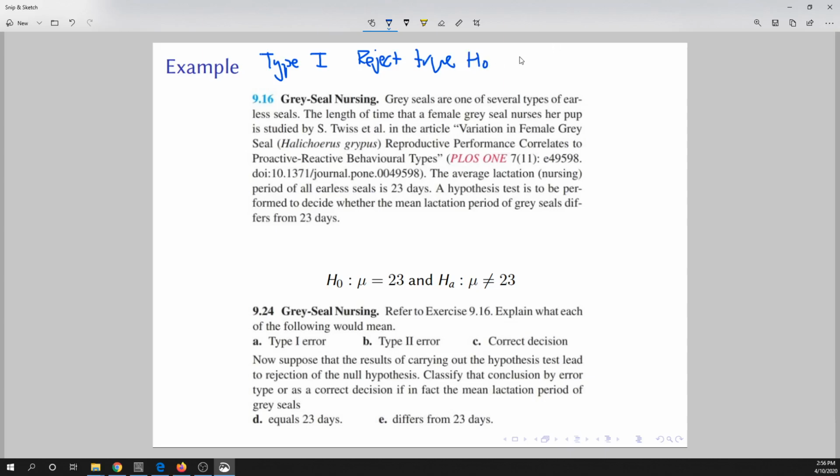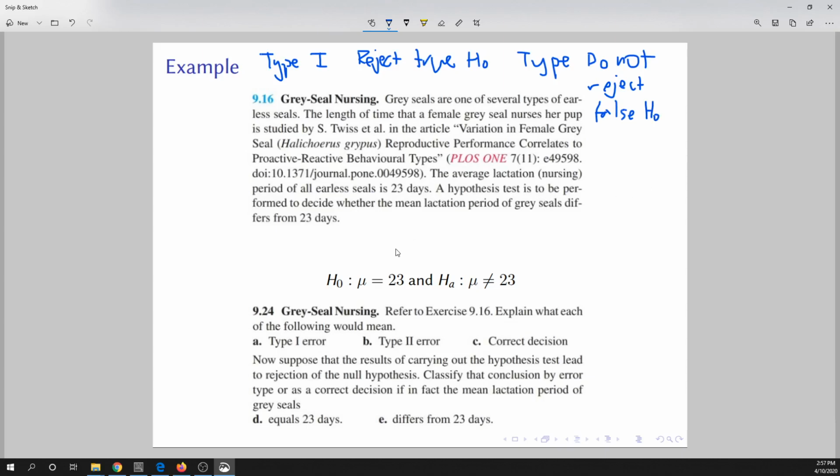And a type 2 is when we do not reject the false null hypothesis.